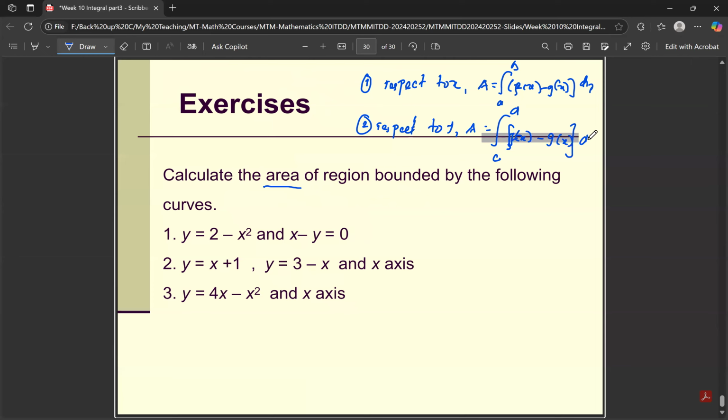So this is the formula to get the area of two curves.